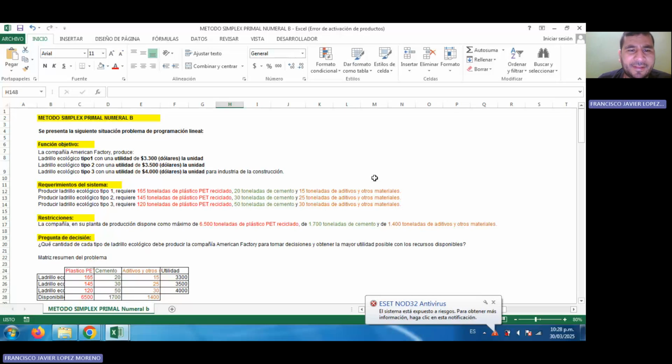And finally, the exercise asks a decision question: what quantity of each type of ecological brick should American factory company produce to make a decision and obtain the highest utility with the available resources?